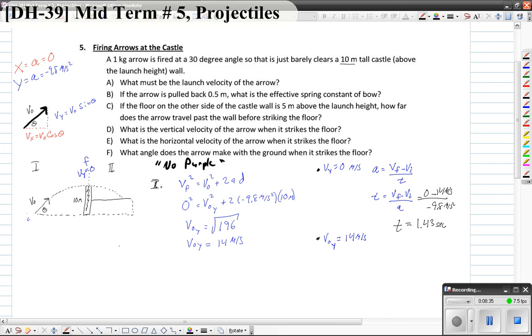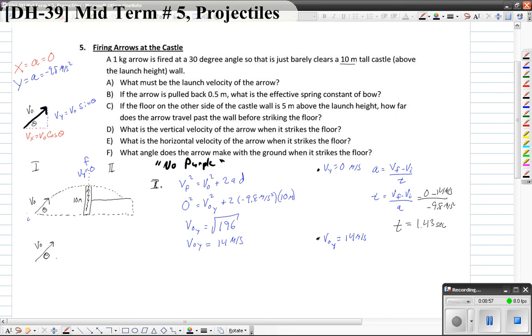Now, we also need to consider the x components of velocity. And let's actually answer this first question, A. We sort of ignored it. We know, if I can redraw this picture again, that this must be launched at some magnitude, some velocity, or some speed.